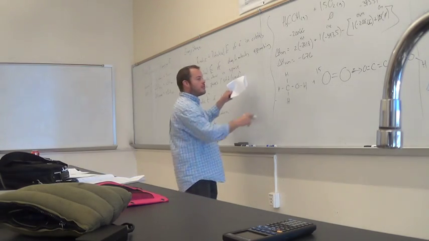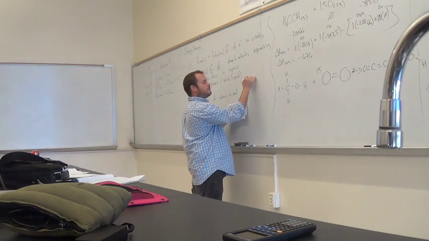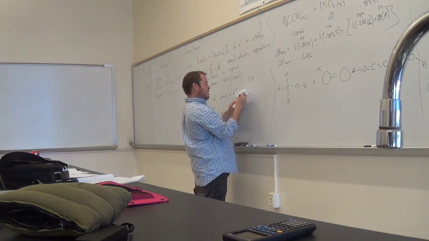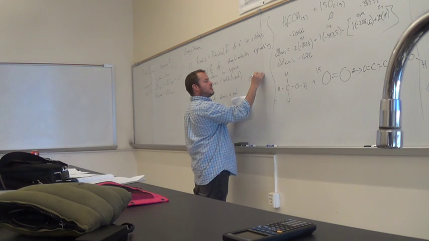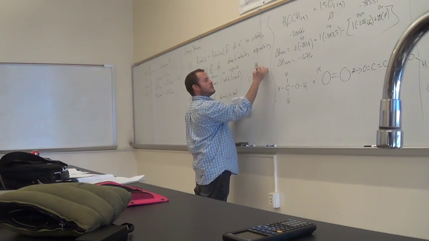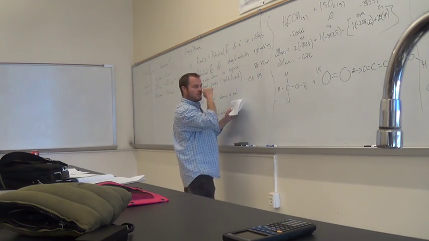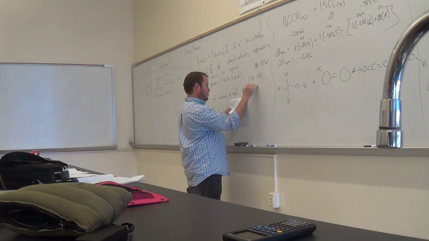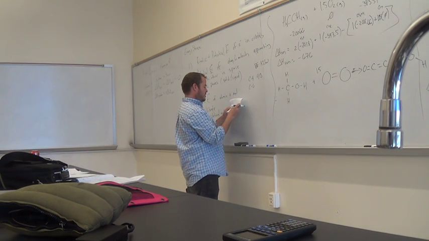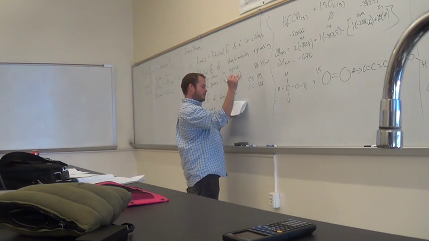Well, they give the bond enthalpy of a CH bond as 413 kilojoules per mole. Bond energy, kilojoules per mole. A carbon-oxygen bond has 358 kilojoules per mole.